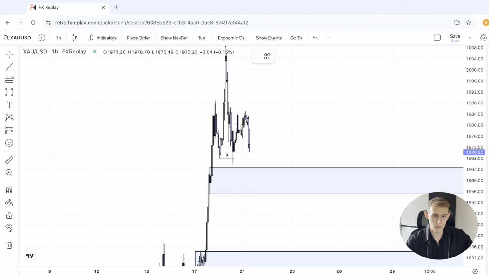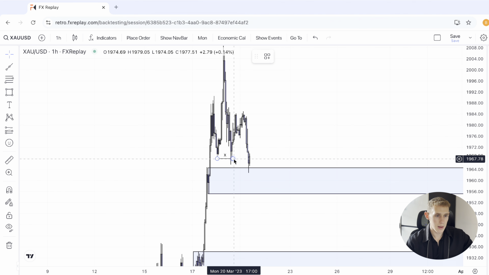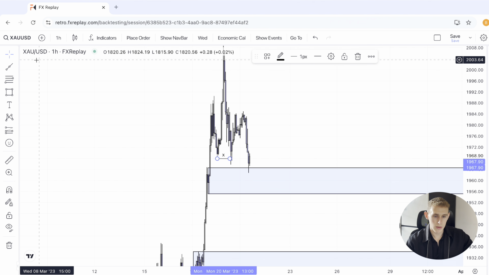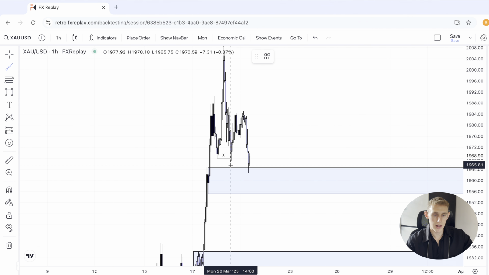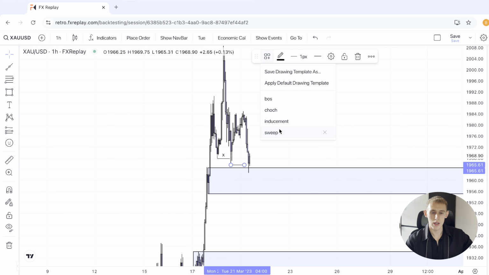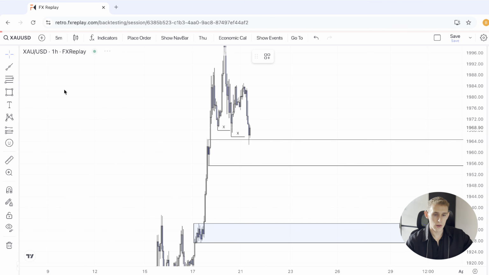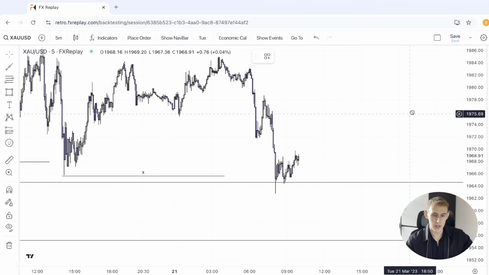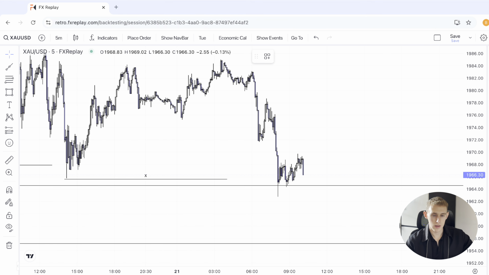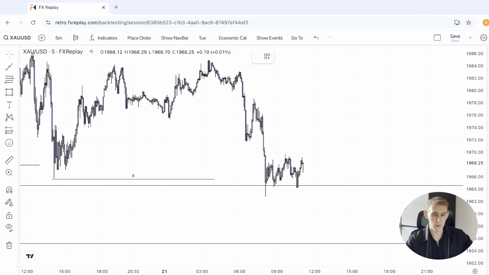There we go. So this low was swept. This one was also taken out. So I think you could see a reaction here. It's very likely. If not, we can look at this lower zone. Again, not really any 5-minute structure for it to break just yet, unless maybe you get a regrab at that low.